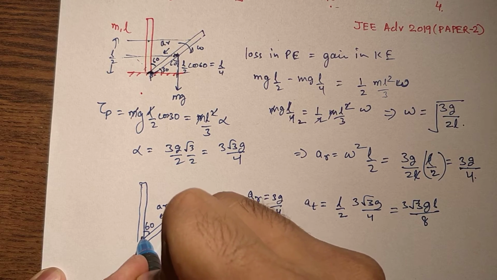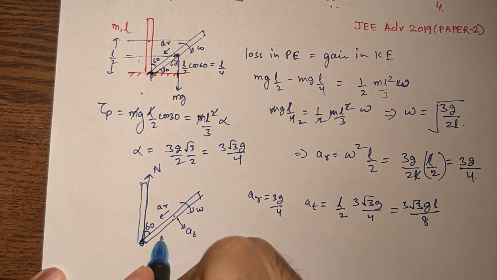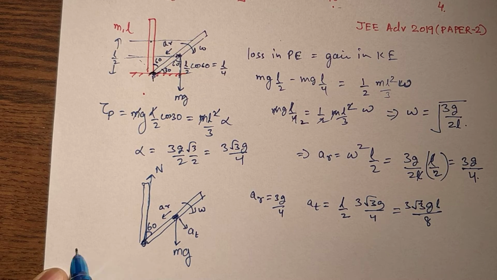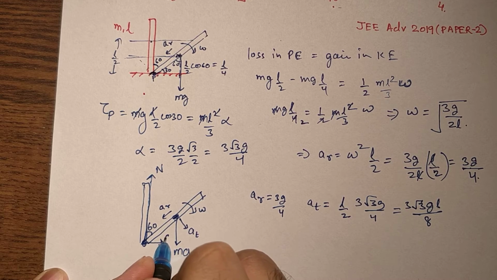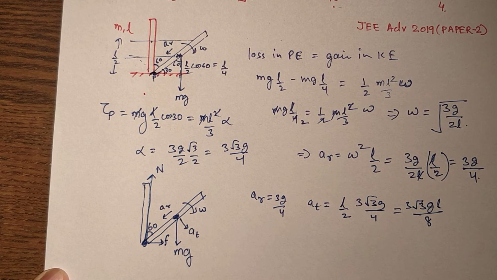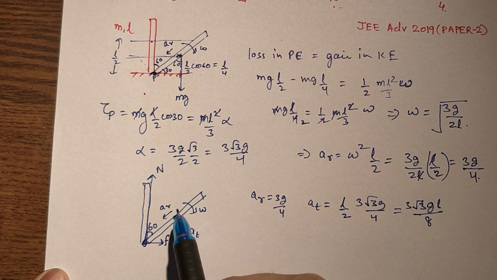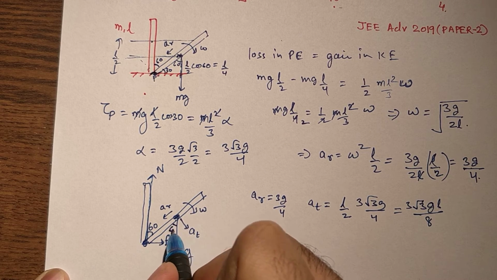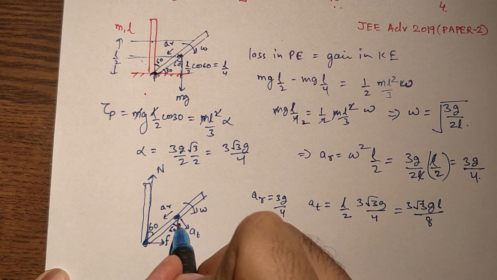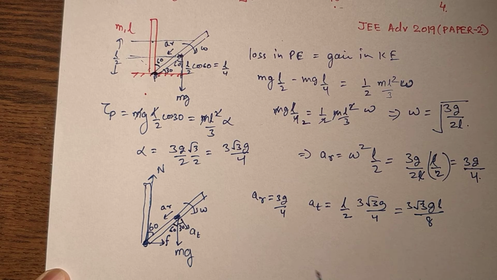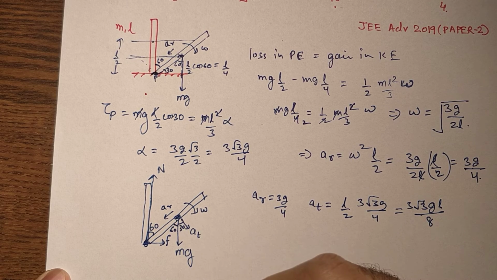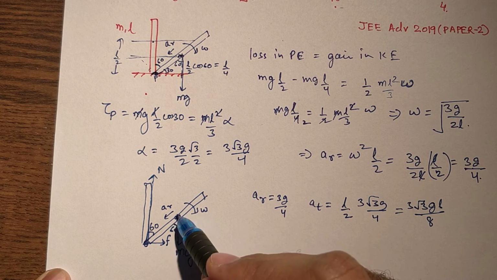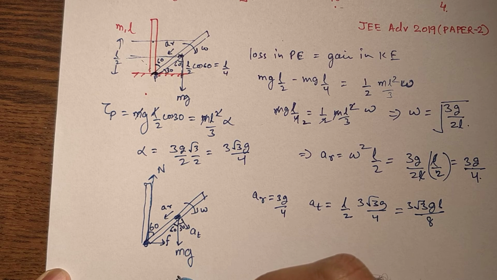Now what are the forces acting on it? Normal reaction is vertically upwards, mg is downwards, and let's say it has a tendency to slip leftwards, so friction is rightwards. I need to find this N, so I need to write the total acceleration in the vertical direction. If this angle is 60, this will be 60 and this will be 30. AT has a component in the vertically downward direction, and AR also has a vertical component in the downward direction.